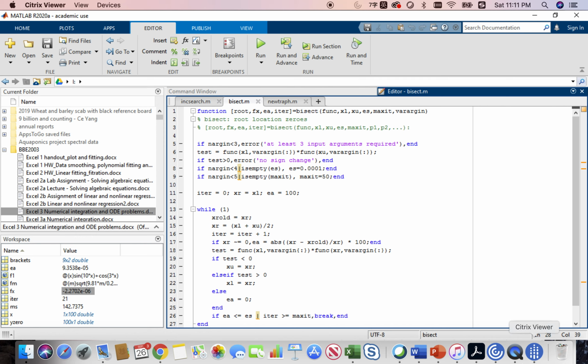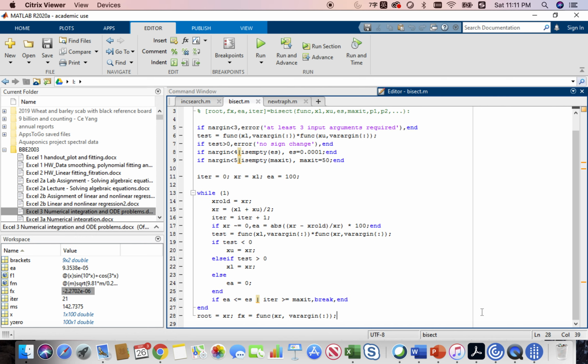Then we start the main part of this function, included in the while loop. First, we store the current estimated root position to xrold, and then we calculate a new estimated root position: xr equals the middle point of xl and xu, and also we increase iteration by 1.